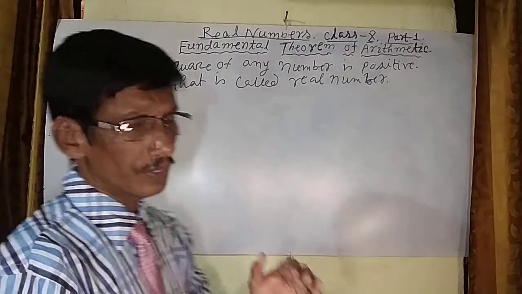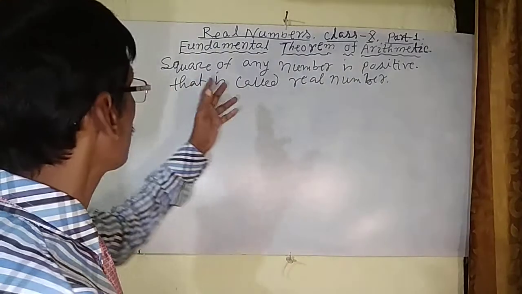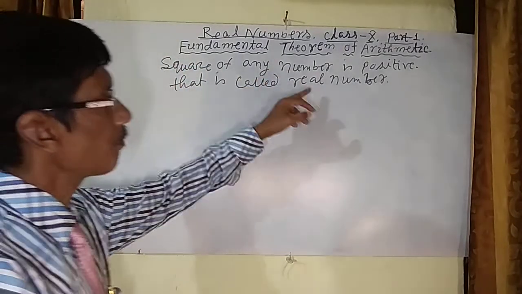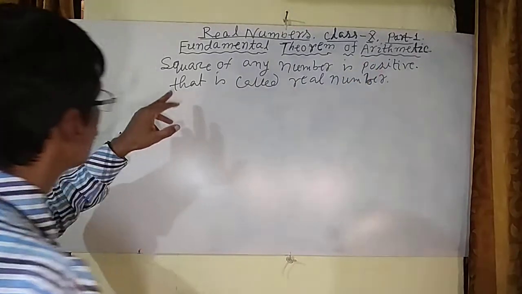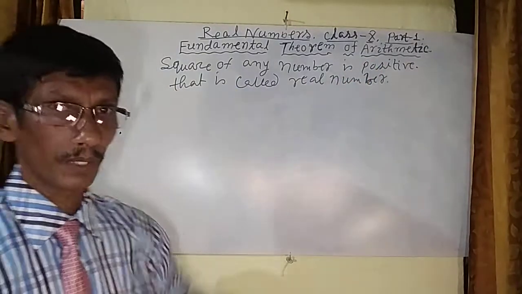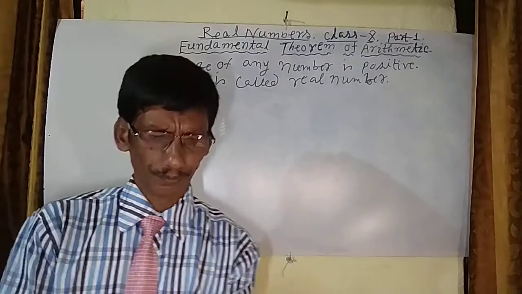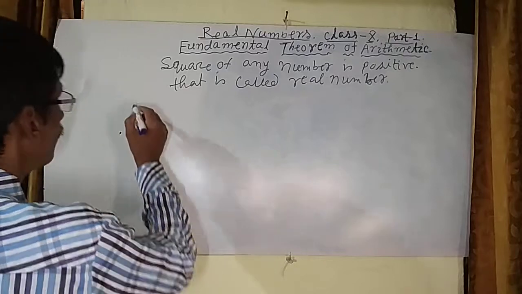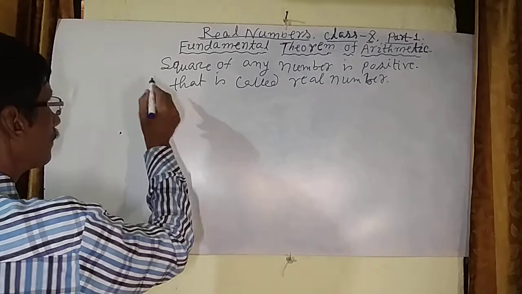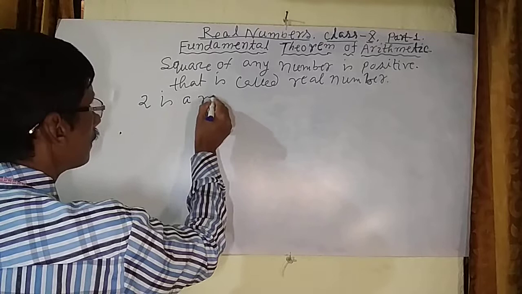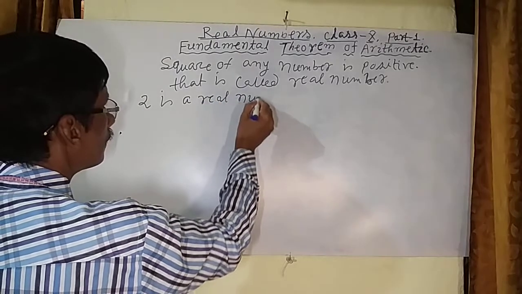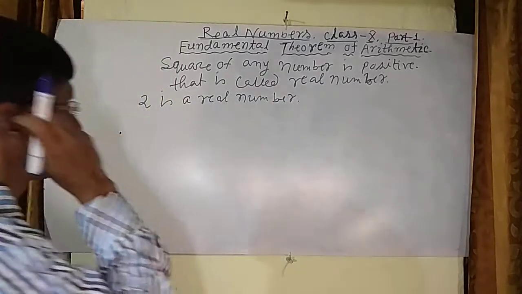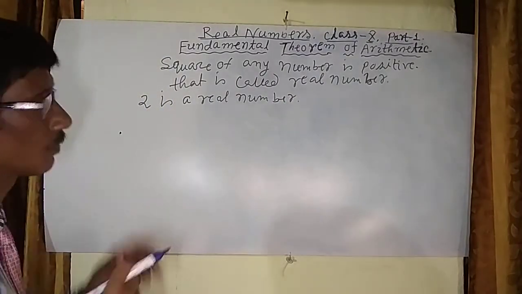So take an example for understanding this real number. Square of any number is positive, that is called real number. Okay. Take example. 2 is a real number. First test this 2.